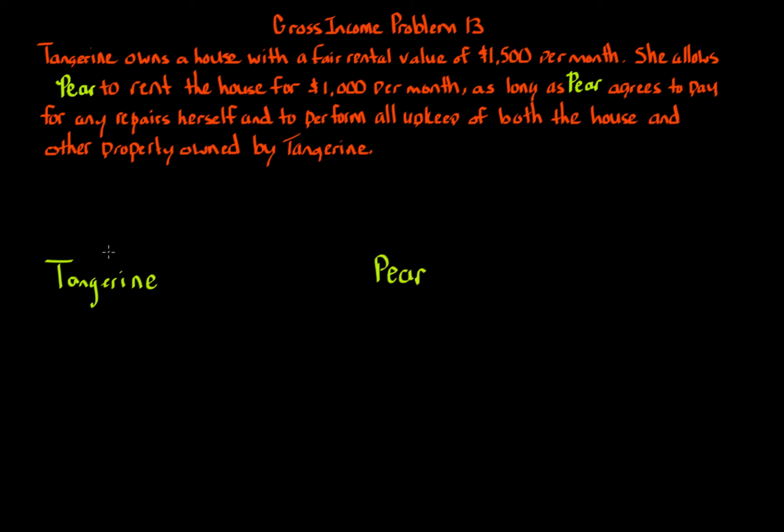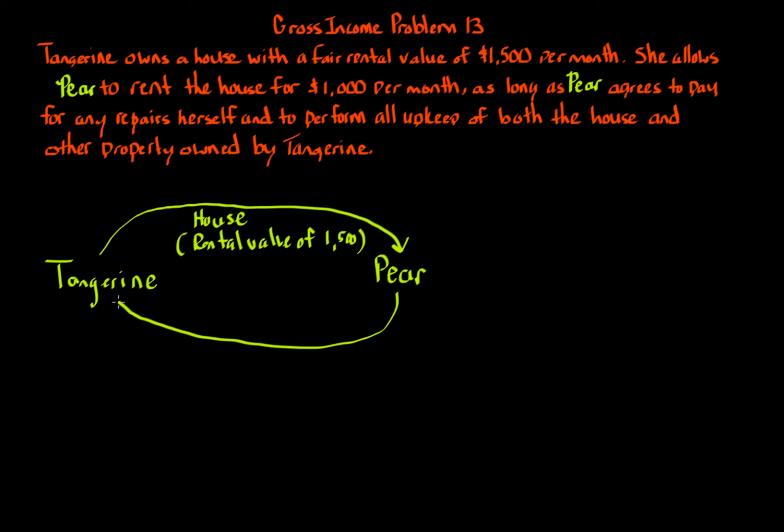So Tangerine provides to Pear a house with a rental value of $1,500. Pear pays cash of $1,000 per month. This is all per month.